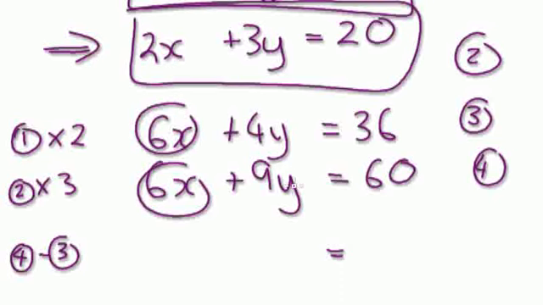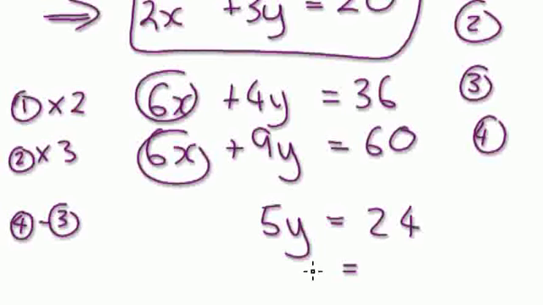They're going to kill off each other. So now 9y take away 4y will give us 5y, and 60 take away 36 will give us 24 here.